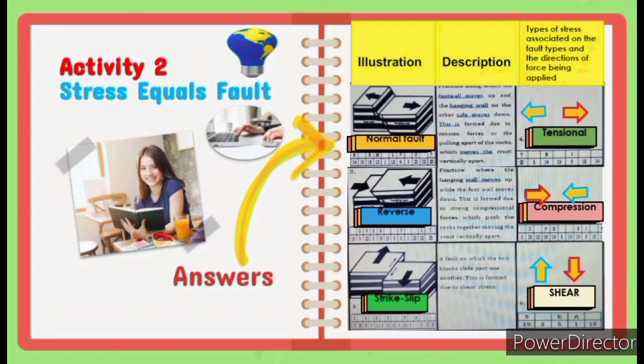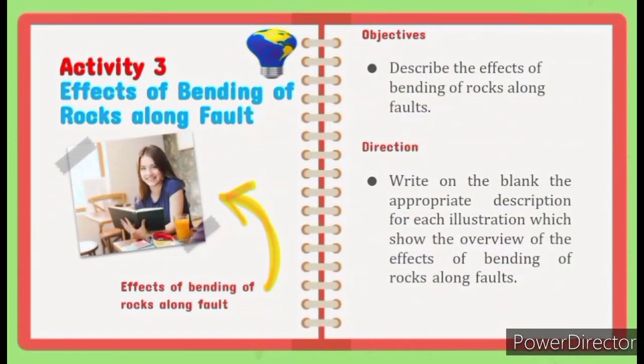And the last, number 3, strike-slip fault, is associated with shear stress. As you can see the arrows, kindly examine properly so that you can easily identify what type of fault is associated with what type of stress and vice versa.